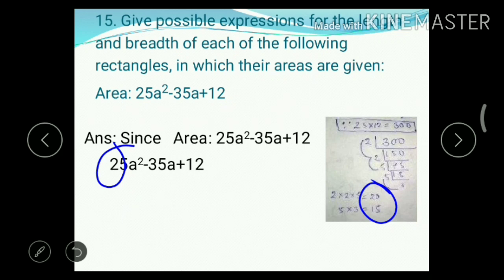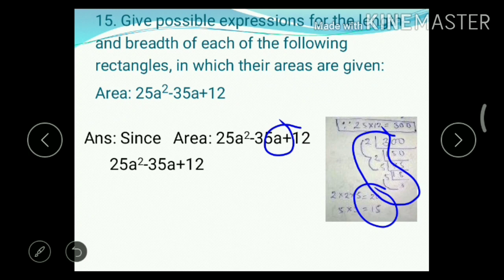This way we should split these numbers so that we get 35 after adding. Why don't we have to multiply these numbers? Here see the constant term. The constant term has positive sign, so you should arrange these numbers in such a way that the sum of these numbers will give you 35.